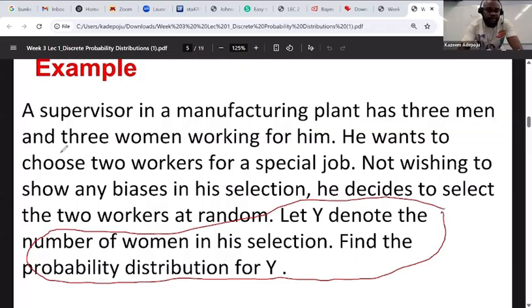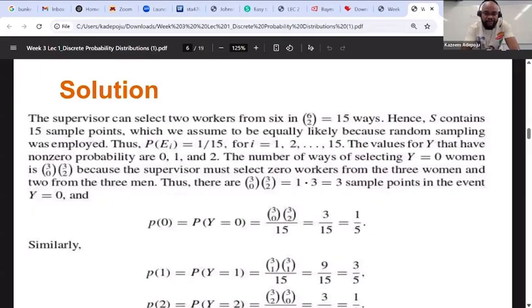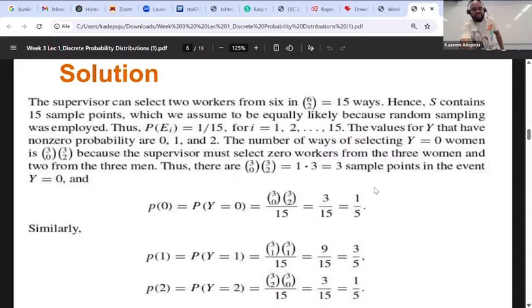Now, the very first thing I'm going to do is figure out what my random variable is here, because they said number of women and they want to choose two. We want to know what would be the number of women in the selection. Now we need to first define our random variable. Now, take a look at this.